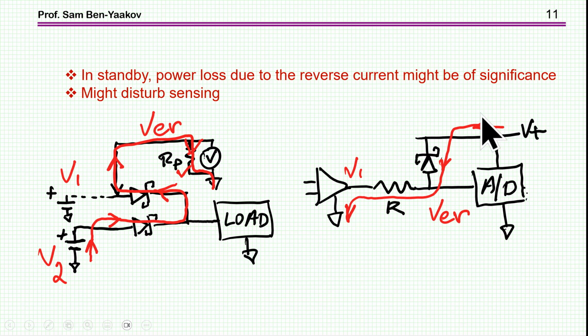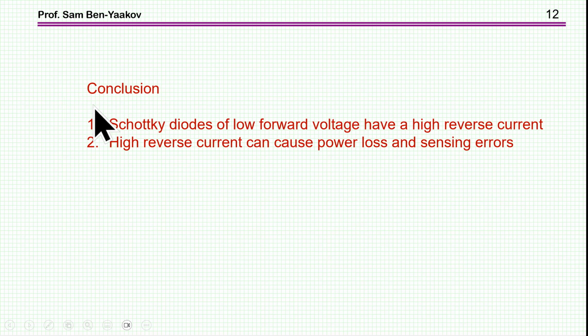Now in this case, you have a reverse current here, which of course corrupts the magnitude of the voltage here, which is very bad. In fact, I've seen many cases in which the diode was not picked to be of low reverse current, and indeed the error was very large.